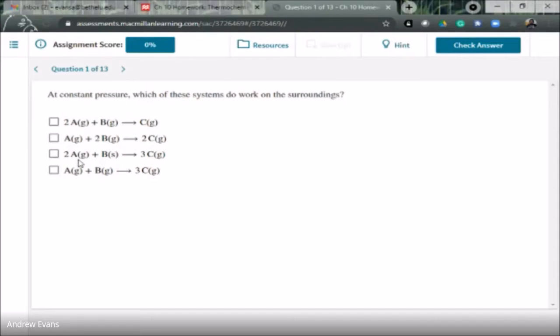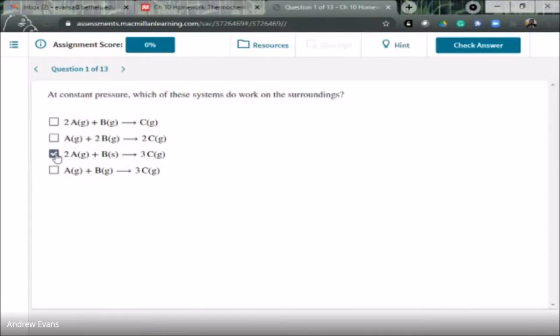2 moles of A of gas, 1 mole of B of solid, 3 moles of C of gas. Because of the nature, solids don't take up much room. The only thing that will matter is the expansion of gases. So 2 moles of gas to 3 moles of gas would be an increase.